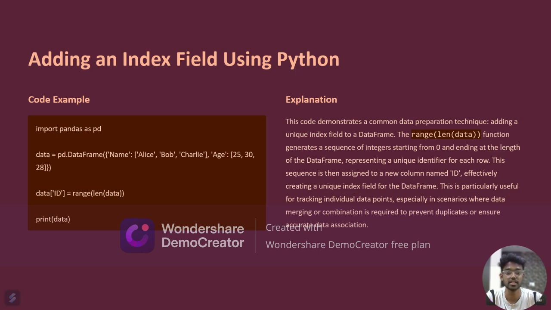This sequence is then assigned to a new column named ID, effectively creating a unique index field for the data frame. This is particularly useful for tracking individual data points, especially in scenarios where data merging or combination is required to prevent duplicates or ensure accurate data association.